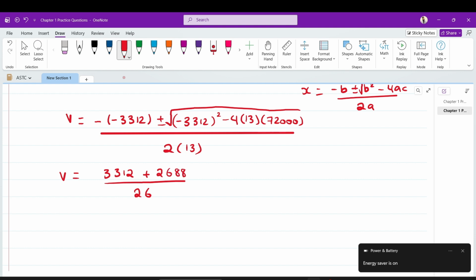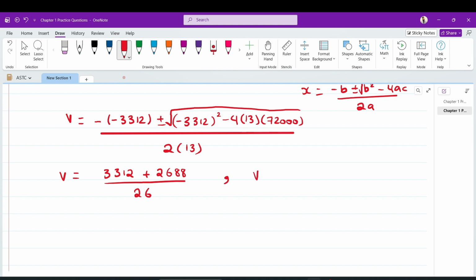That gives us exactly 2,688. All right, so that is the first solution. The second solution will be 3312 minus 2688 divided by 26. That is how much working you have to show.